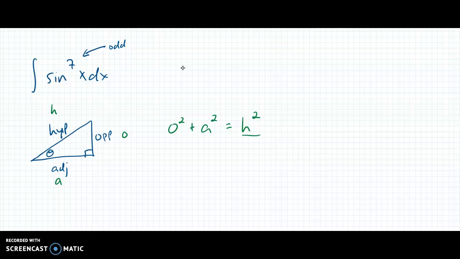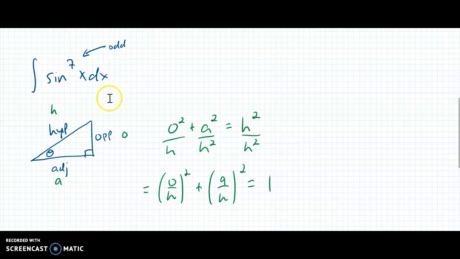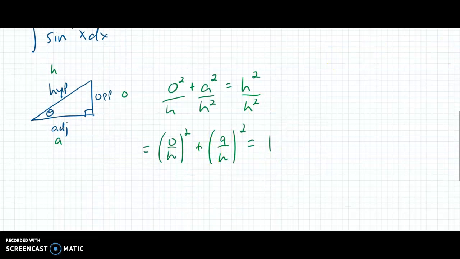Anyway, notice I can divide by H squared everywhere here, and then I can rewrite that. This is really O over H squared plus A over H squared, and then the right side is 1. And you may say, oh, snap. Sorry.